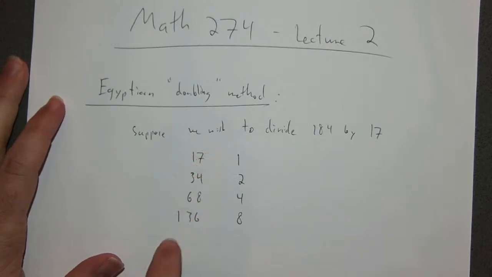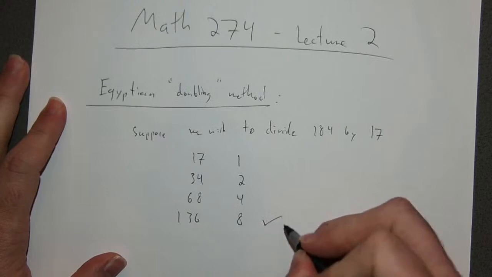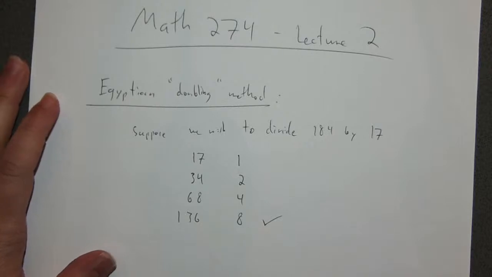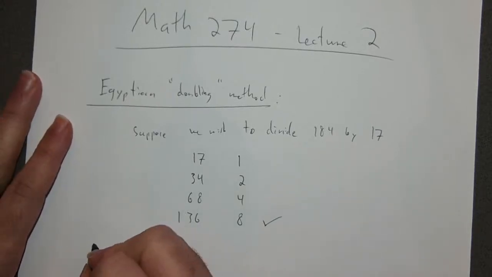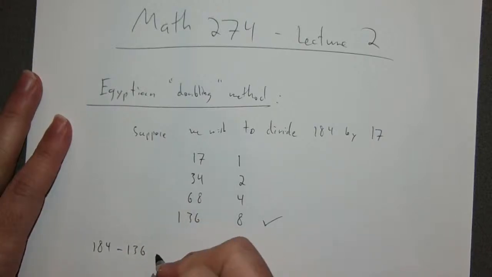When I stop at this last row, I check that off, because if I subtract this from 184, I'm guaranteed to be left with the smallest amount from this process. So I would do 184 minus 136, and I get 48.